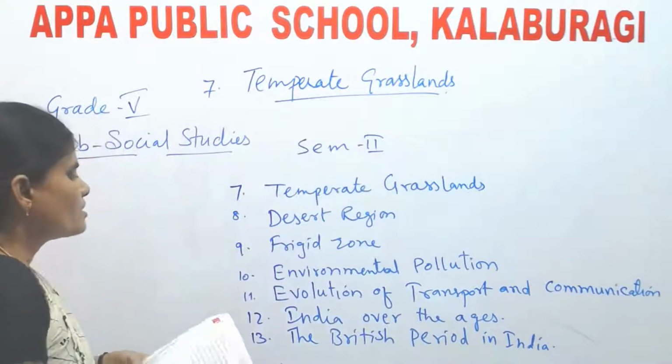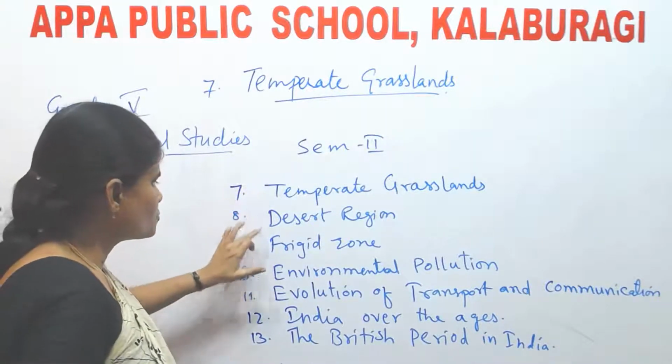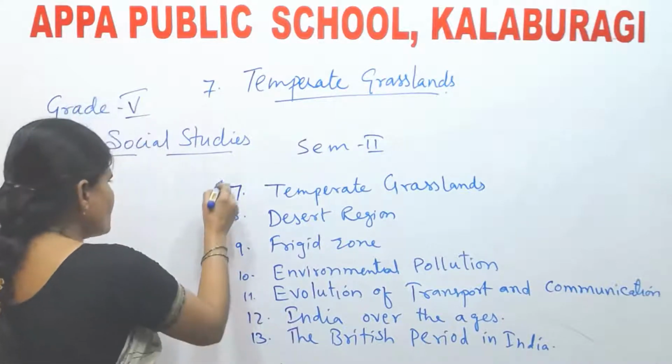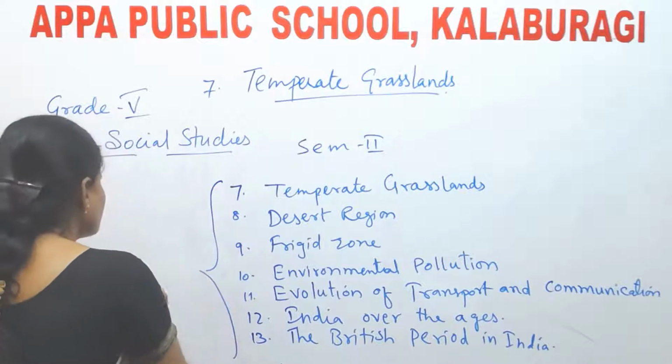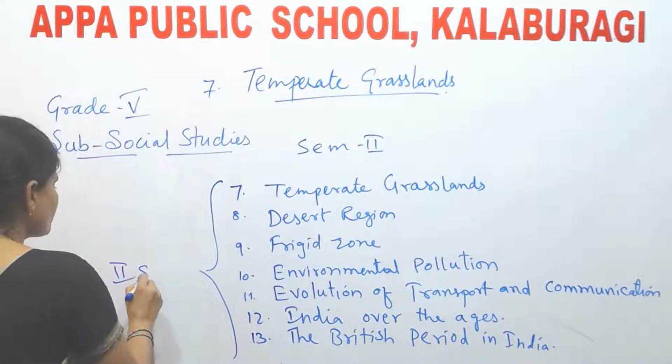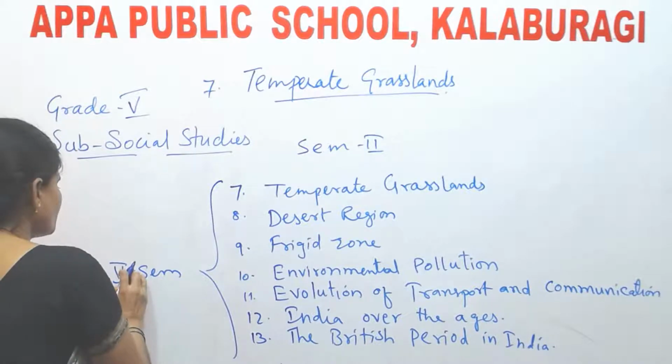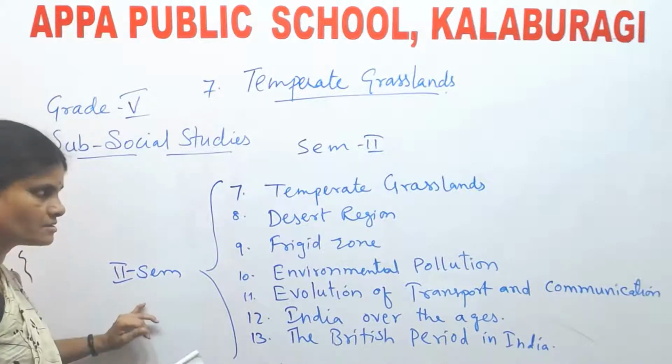Okay. How many lessons, children? 1, 2, 3, 4, 5, 6, 7. See, these are the lessons for second sem. You are going to get these lessons for the second sem.